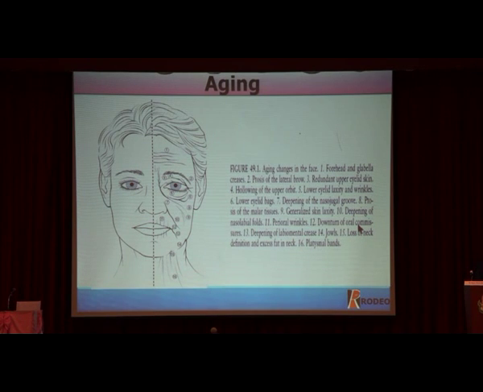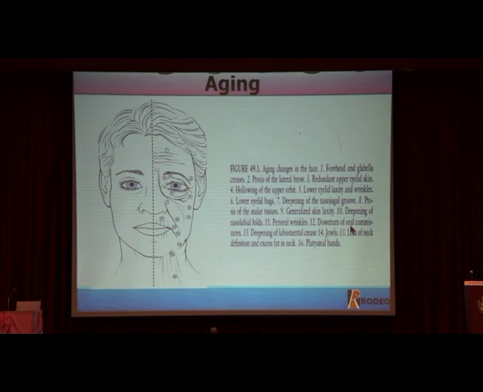Korean patients say there is a nasolabial fold. But it is not the nasolabial fold; this line is the marionette line. First define what the patient wants and explain: this is the nasolabial fold, and this is the marionette fold.